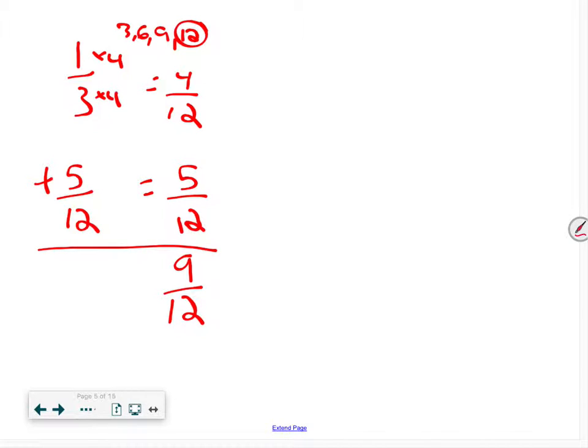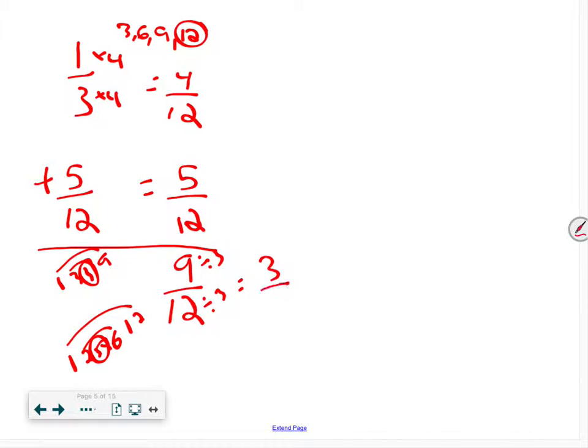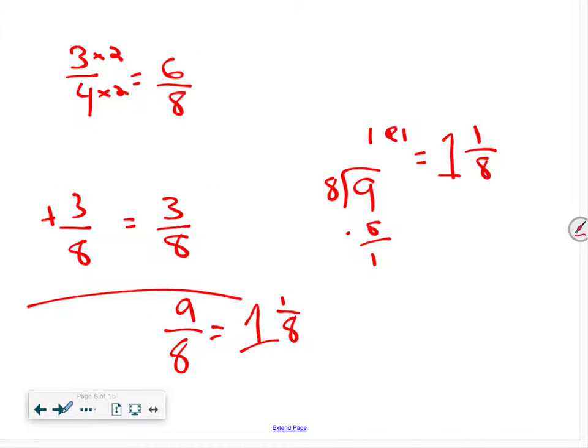And if I'm looking at it, my factors of 9 are 1 and 9, and 3 and 3. And my factors of 12 are 1 and 12, 2 and 6, 3 and 4. And I see that they have a common factor, so I can divide both of these numbers by 3 to get 3/4. Okay?